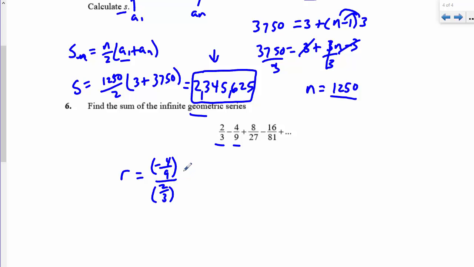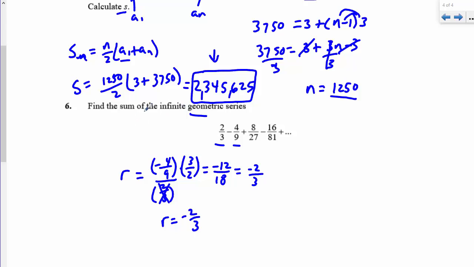When you divide by a fraction, you multiply by the reciprocal of the bottom. So negative 4 times 3 is negative 12 over 9 times 2, which is 18. This is in fact going to equal negative 2/3. So r is equal to negative 2/3.